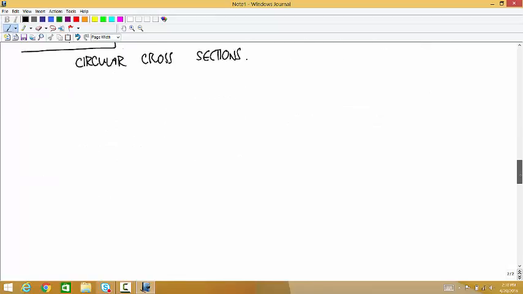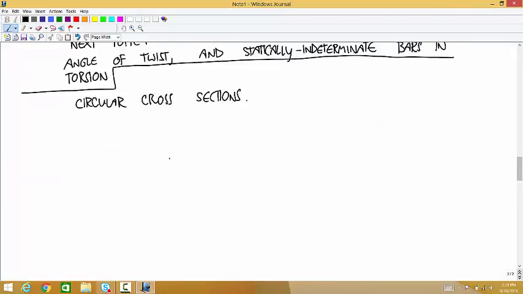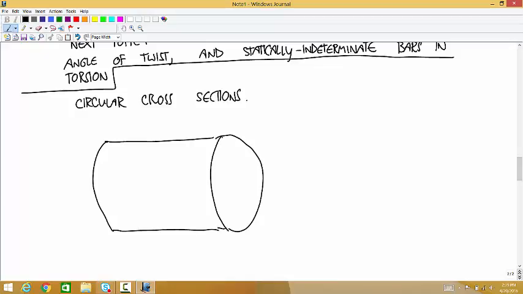Okay, so what we're talking about is if you have a bar like this and you apply a torque to it at the two ends like that, say that you start out with a line like this, okay?